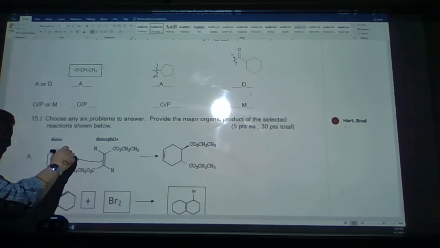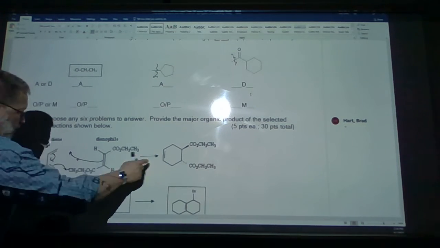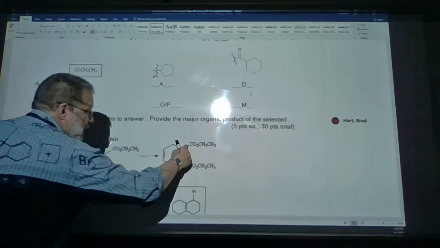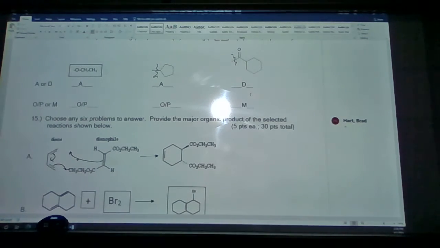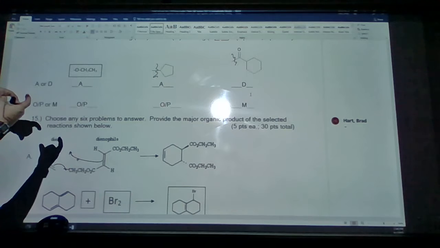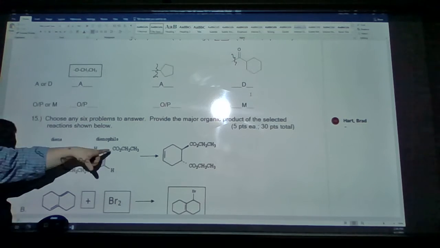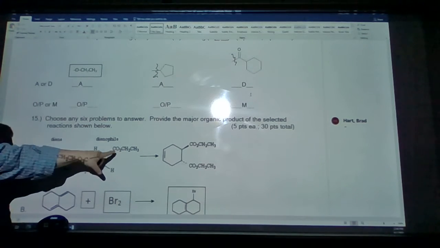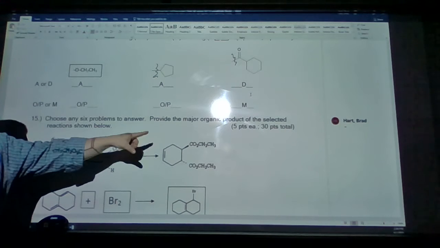Here we form the double bond and the trans stereochemistry. When the alkene and the diene react, they add facially. So this is going to be down, this is going to be up. These are on opposite sides.